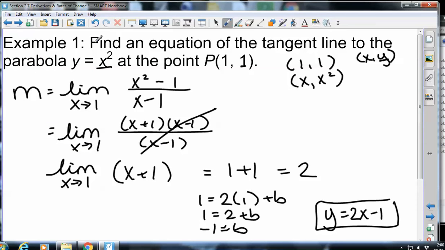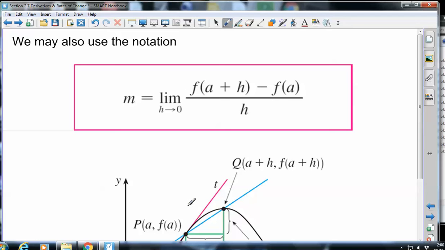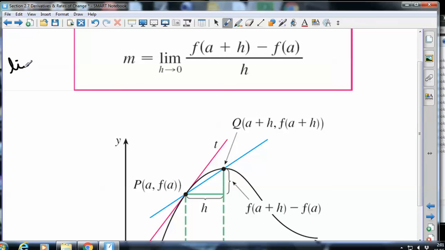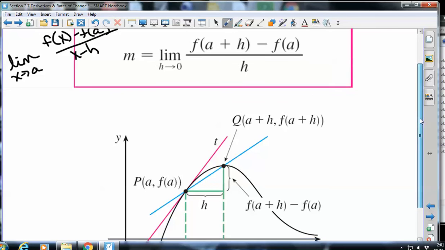There is a second notation that's sometimes used that really says the same thing, but it's written a little bit differently. It's the limit as h approaches 0 of f of a plus h minus f of a over h. In the previous one we did the limit as x approaches a of f of x minus f of a over x minus a.